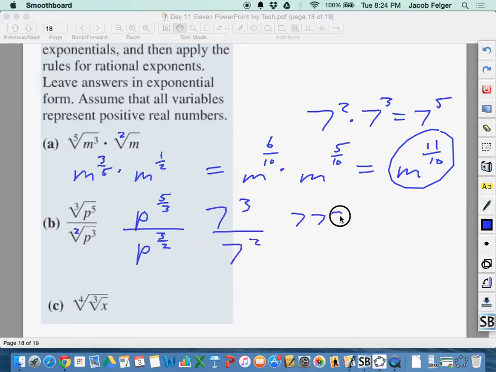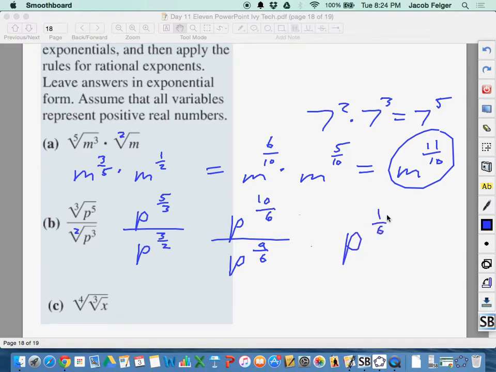I subtract. So I've got to get my common denominator, which would be 6, times by 2, times by 2, times by 3, times by 3. 10 minus 9. So p to the 1/6.